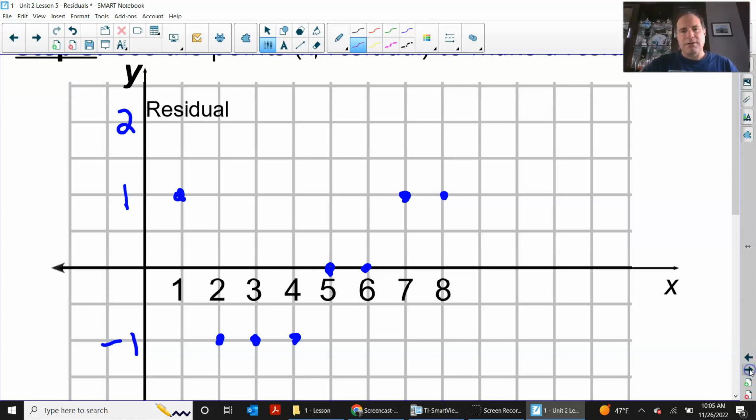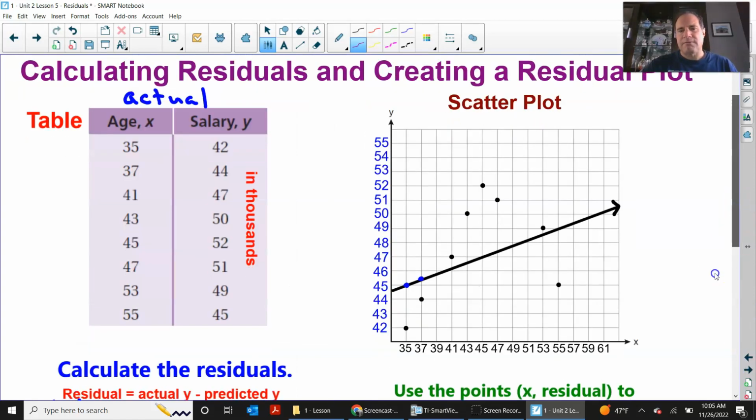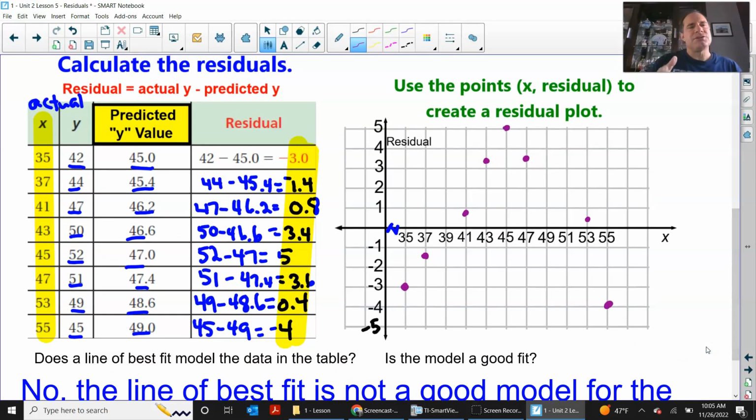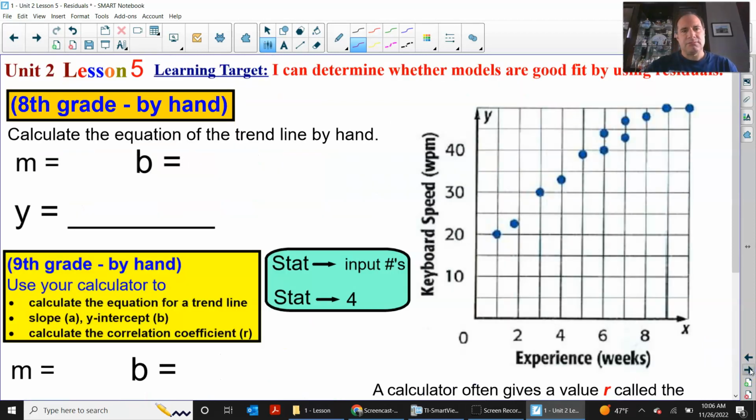And then this one would be an example of something that would not be a good fit. The residual plots, if they have a pattern, that means the trend line is not a good fit. If they don't have a pattern, that means the trend line is a good fit. And that's it.